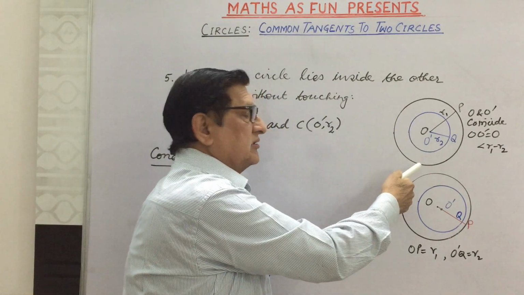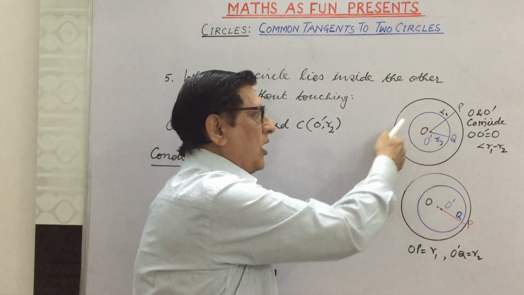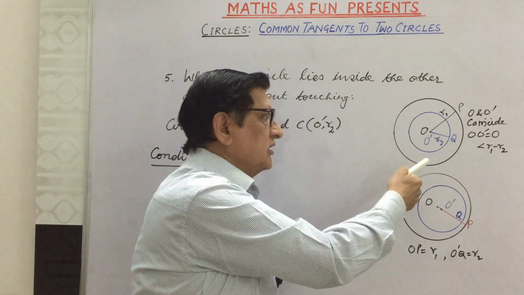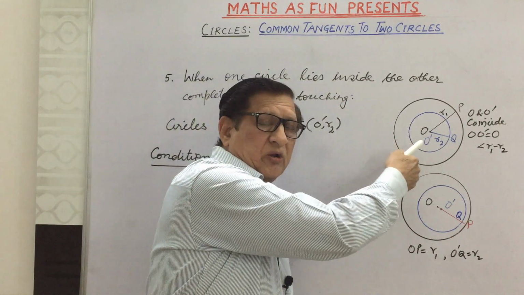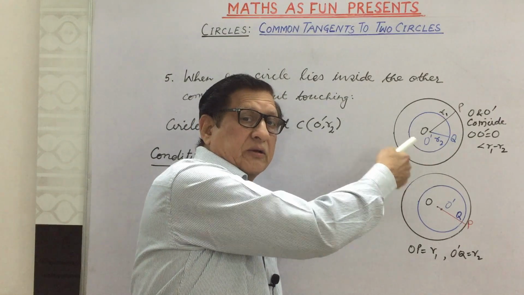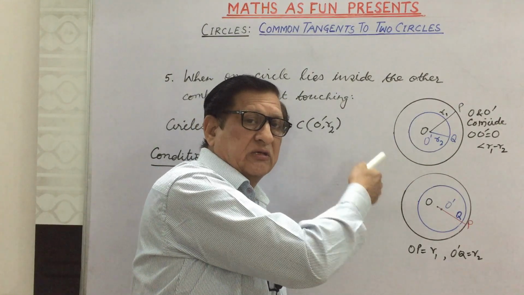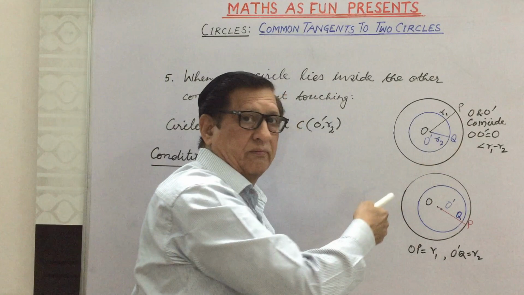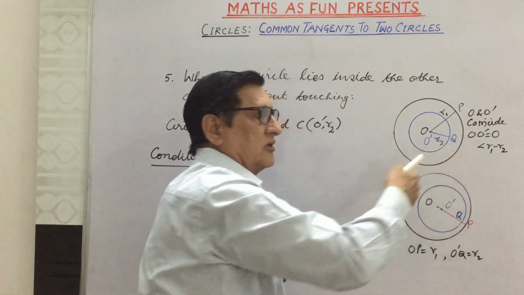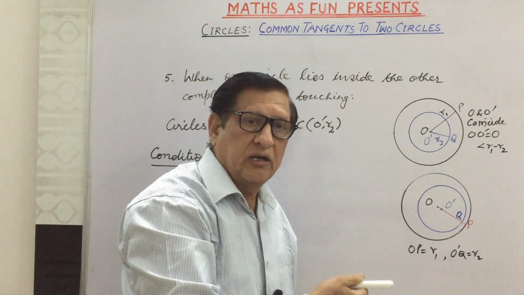Suppose we say that the circles are C(O, R1) and C(O', R2). In that case, the centers O and O' coincide. And if the centers coincide, it means the distance between their centers is 0. And 0 is less than R1 minus R2, the difference of their radii.